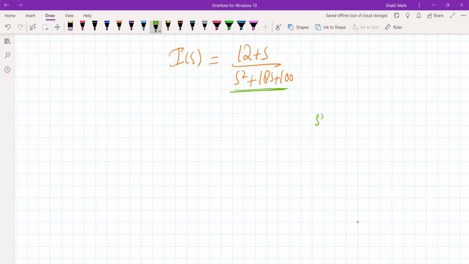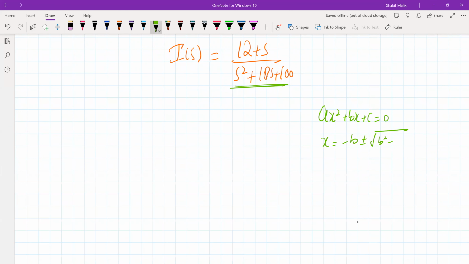If you compare it with the quadratic polynomial, a x square plus bx plus c equals 0, then we know x will be equal to minus b plus minus under root of b square minus 4ac, divided by 2a.